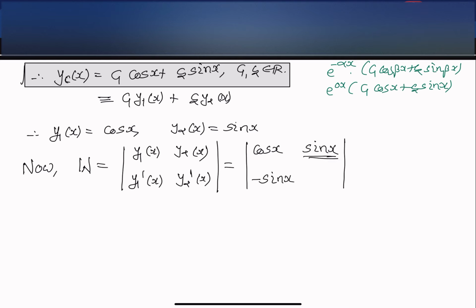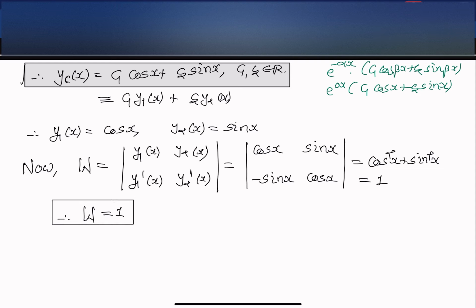The derivative of sin x is cos x. And so this is equal to cos square x plus sin square x. How is it cos square x plus sin square x? The determinant: cos x into cos x, cos square x, minus minus sin x into sin x. So minus minus plus sin square x, and therefore it becomes 1. Right. So what is the Wronskian here? W is equal to 1. As we discussed earlier, the Wronskian is always non-zero. Right.